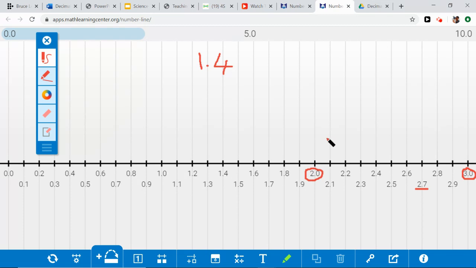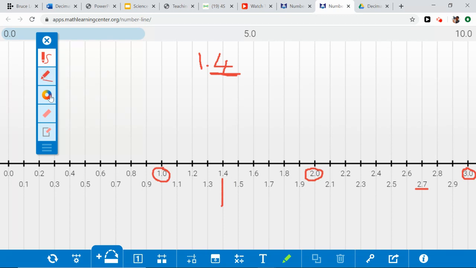If you said 1, you would be correct. And the reason for that is that the digit in the tenths column is less than 5, so we round down to 1. And actually, if we look at our number line, we can see that 1.4 is closer to 1 than it is to 2.